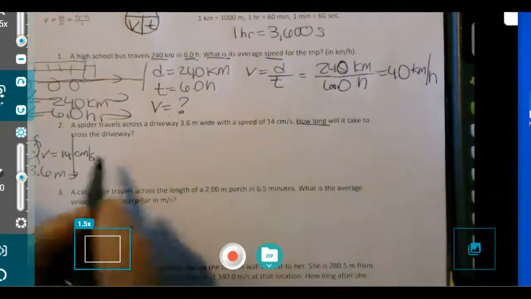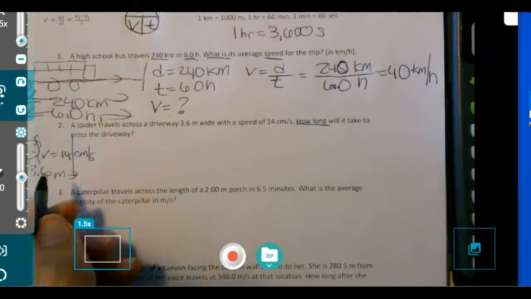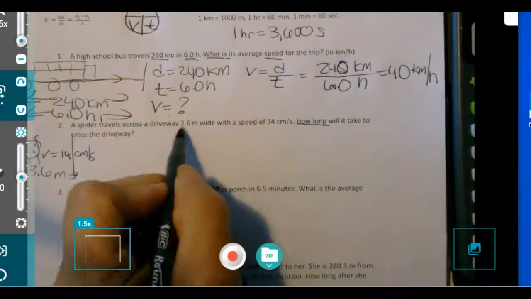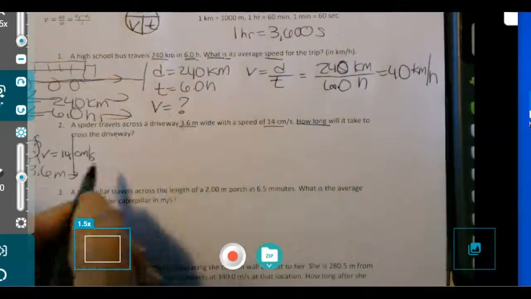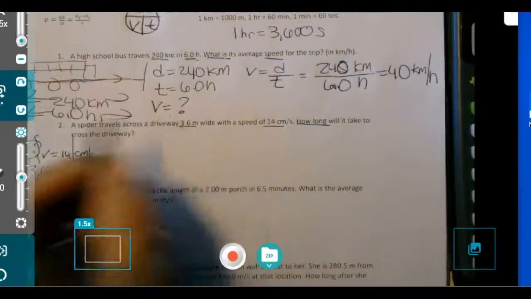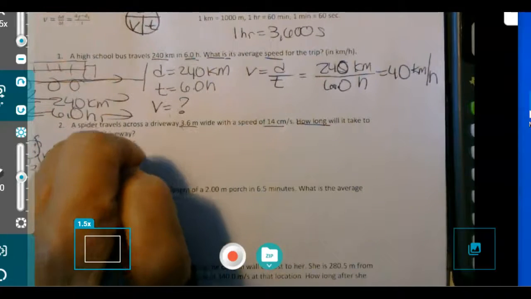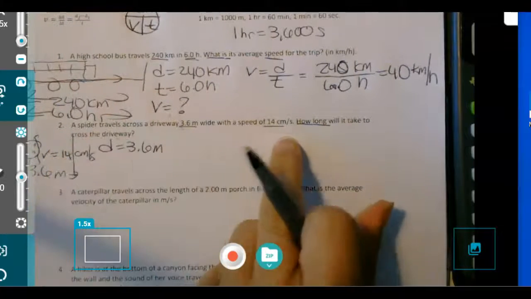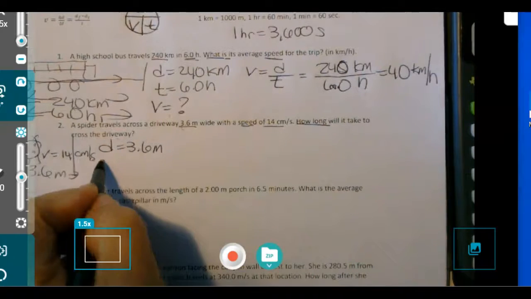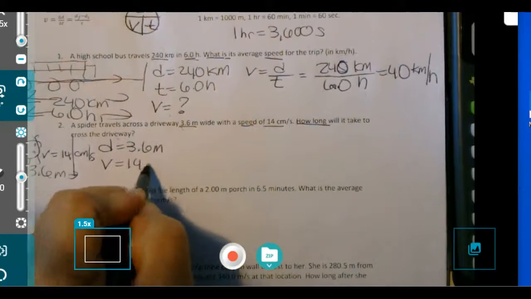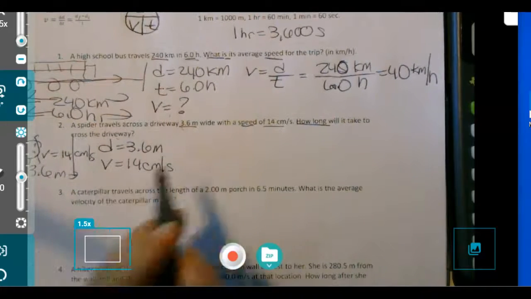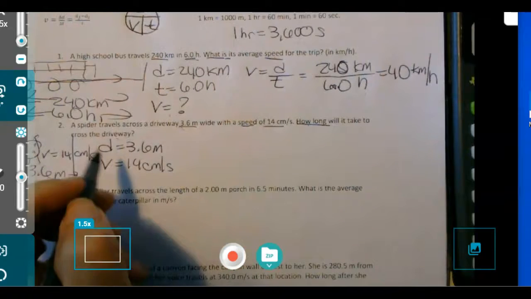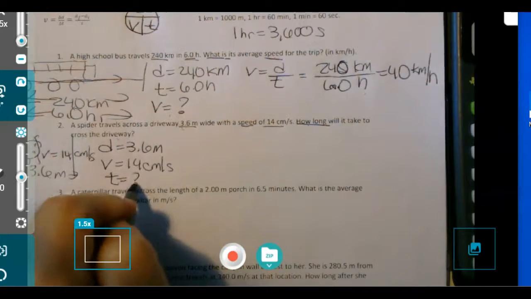How long will it take to cross the driveway? So, first of all, I'm going to underline everything here. I drew my picture. So, meters, that means a D. D is 3.6 meters. This says speed, so that's a V. V is 14 centimeters per second. We'll get to that in a minute. And then how long, that's time.